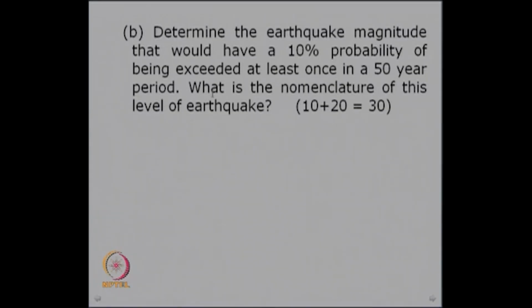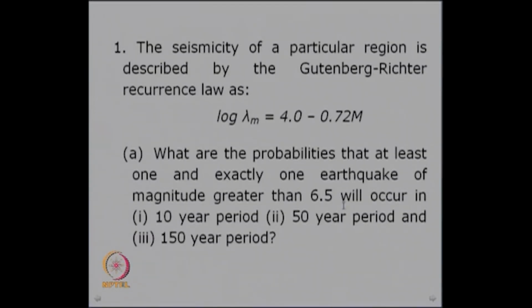And then it is asked what is the nomenclature of this level of earthquake, that is when there is 10% probability of being exceeded at least once in a 50-year period. The total marks for this entire question is 30 marks. The subdivision is like this, 20 marks for this portion and 10 marks for the next portion.